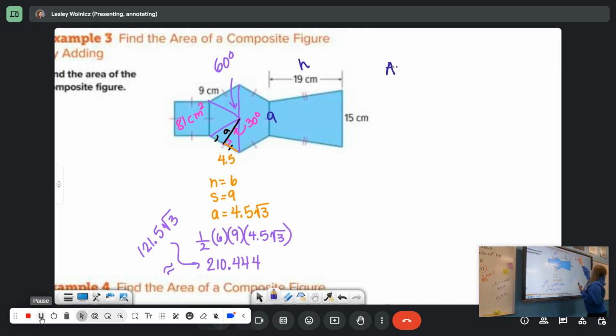So my area is 1/2 times my bases added together, so the average of my bases, times my height, which is 19. I'm getting 228.